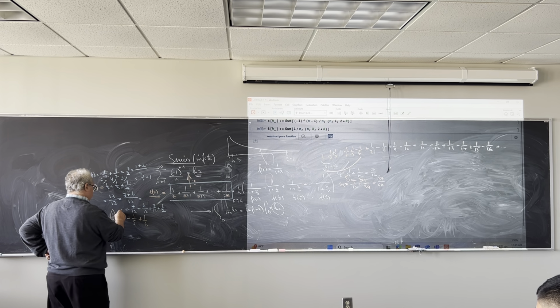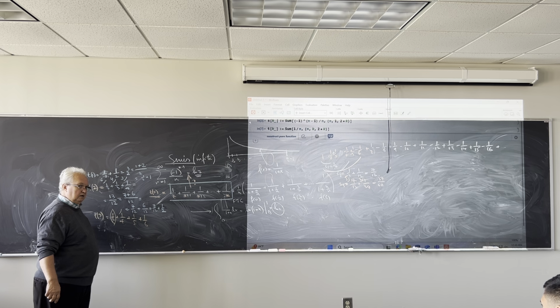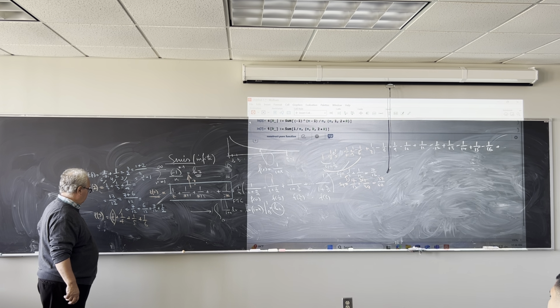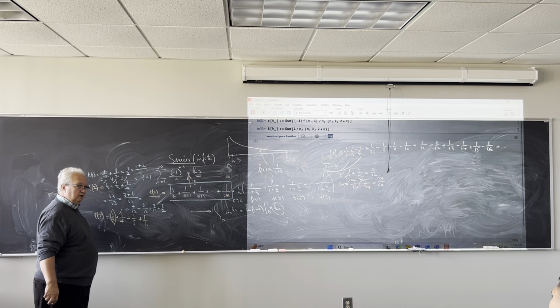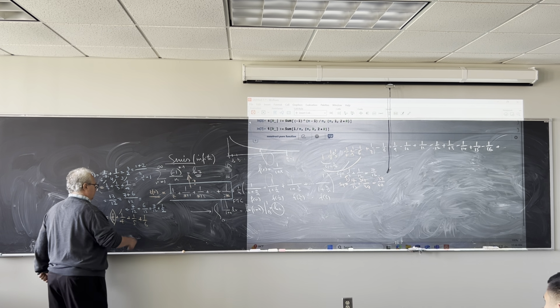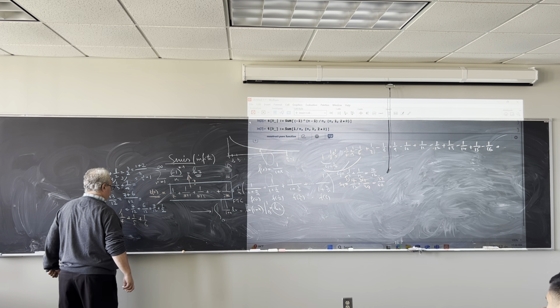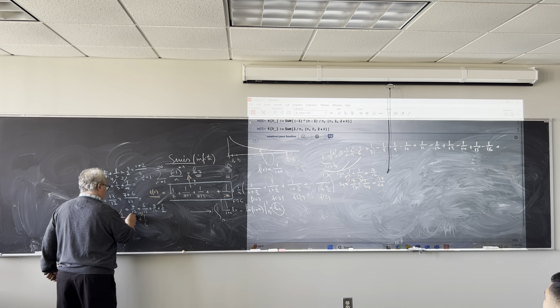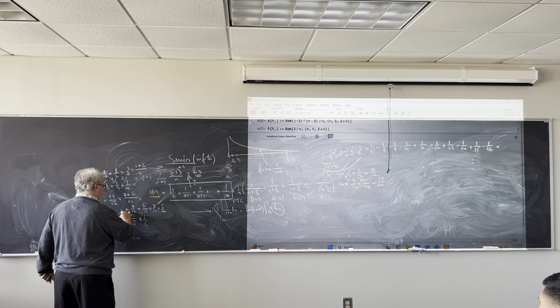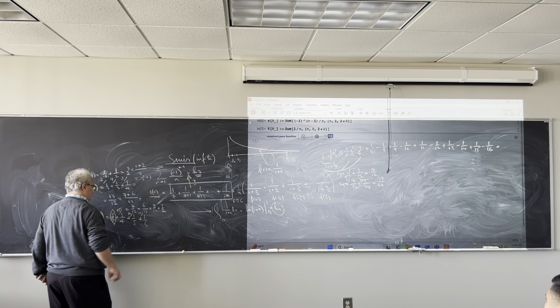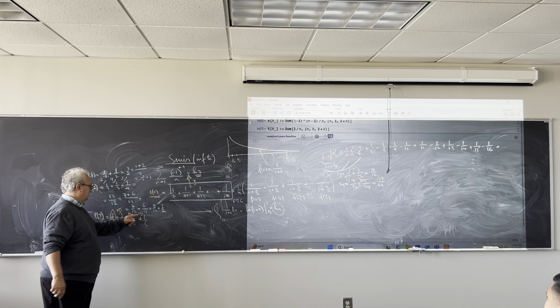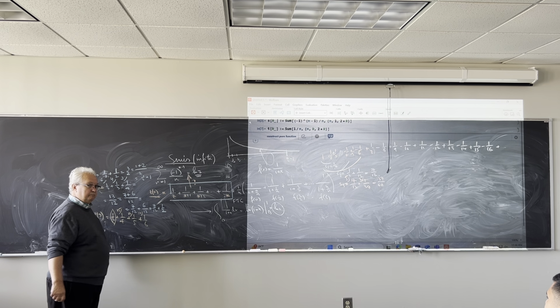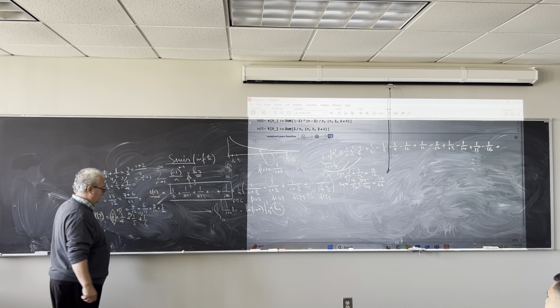So multiply this by what? The least common multiple is 60, right? So this one multiplied by 10, this multiplied by 12, and this multiplied by 15. 15 plus 12 plus 10 is what? 37.